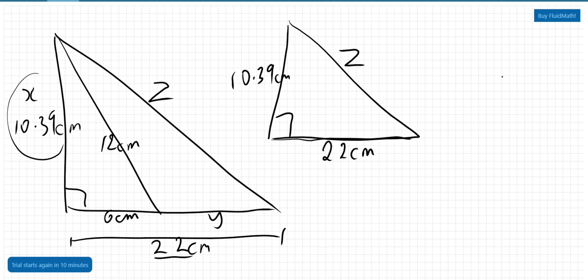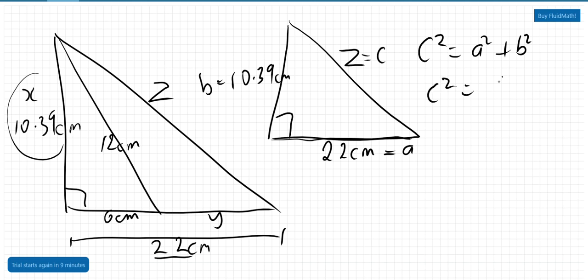So, once again, this time I'm trying to find the hypotenuse. So z can be c, a can be 22, and b can be 10.39. So c squared is equal to a squared plus b squared. So c squared is equal to, a is 22 squared plus b, which is 10.39 squared.